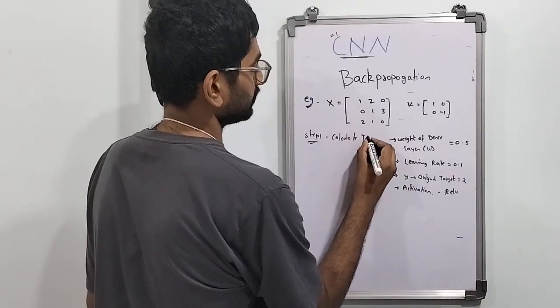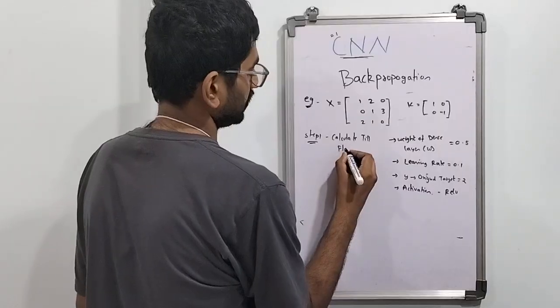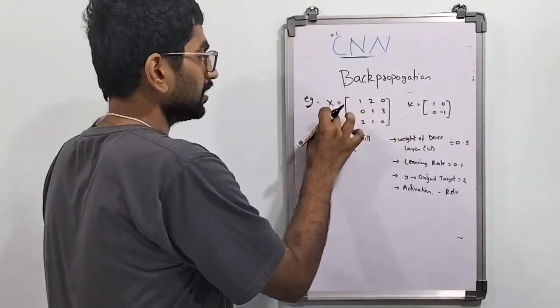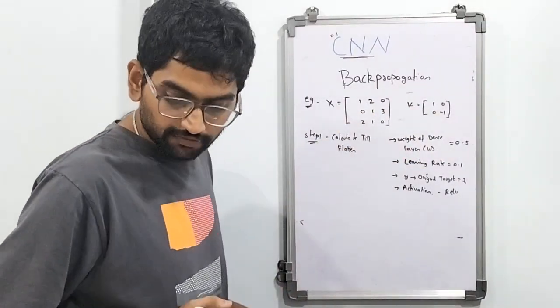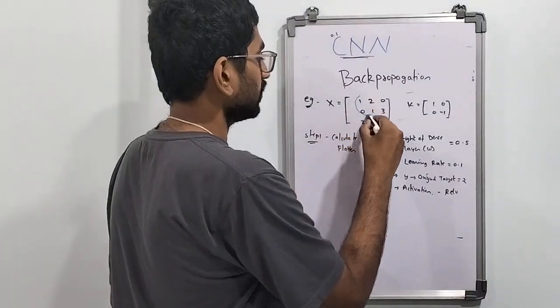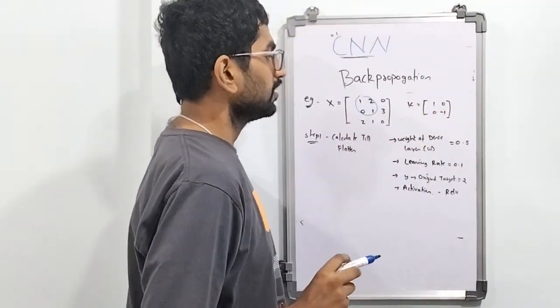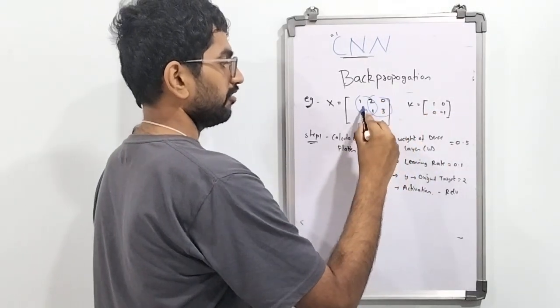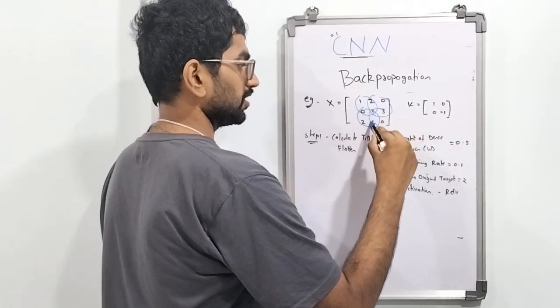till flatten. Okay. Now you multiply this x with the kernel. First you multiply this particular part with this kernel, then this part with this kernel, then this with this kernel, and this with this kernel.